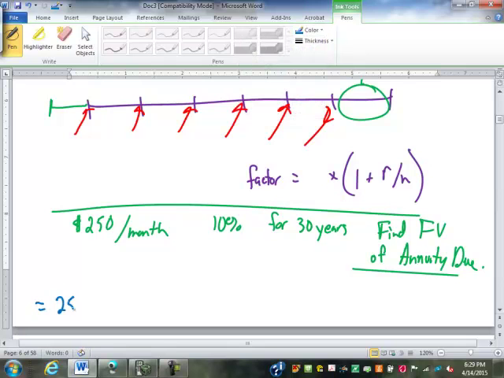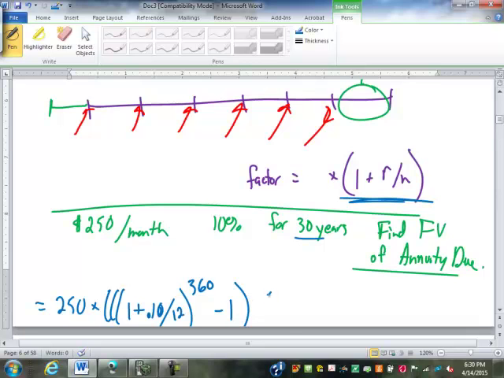So 250 times open parenthesis, 1 plus 10% is 0.10. It's per month, so divided by 12. Close parentheses to the power of 30 years times 12 per month. That's the adjustment factor that's only the power of 1. We still got to do the rest of the formula normally yet. So it's power of 360, 30 years times 12 months a year.